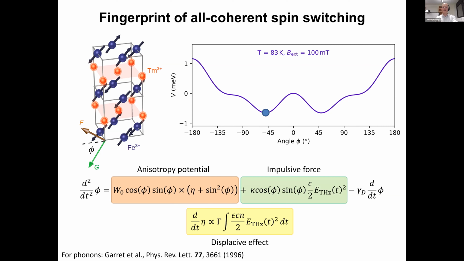And then we have an additional impulsive force, which can be imagined as an initial transfer of momentum just at the instant of excitation. And then we have just a damping of the spin dynamics.